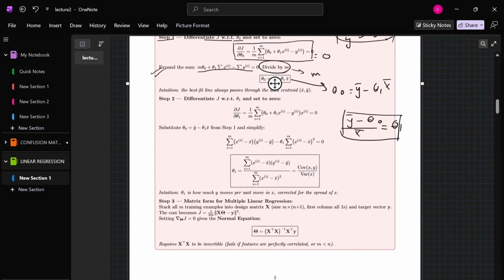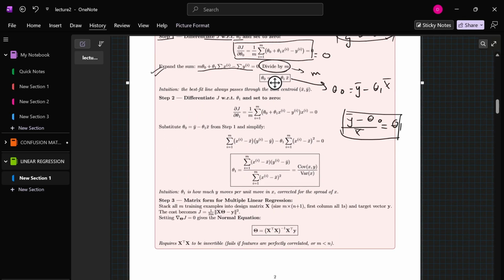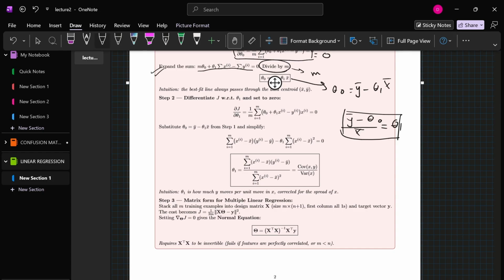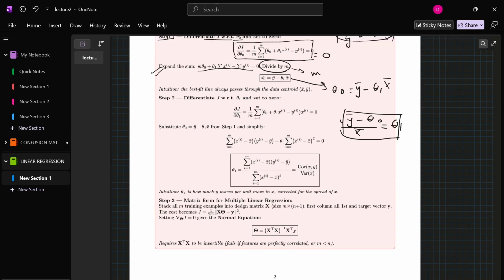From there you can directly calculate the value of theta 1. Once you have theta naught and theta 1, you can go for further calculation. Otherwise you can also learn a formula: theta 1 equals covariance of x, y divided by the variance of x. Okay, now moving forward to the third step.